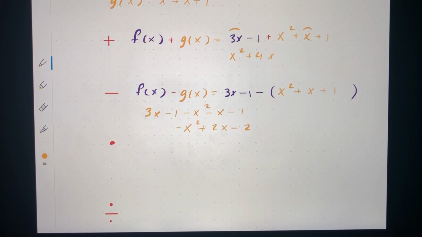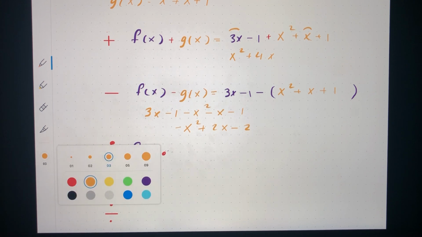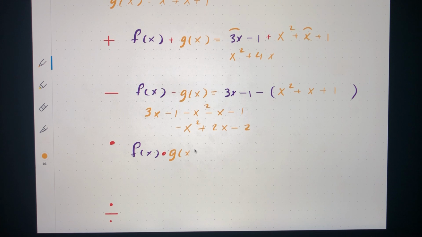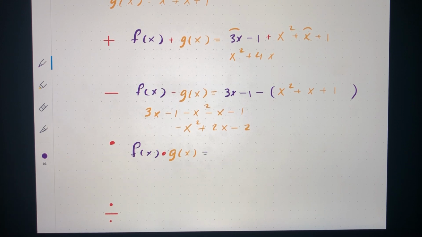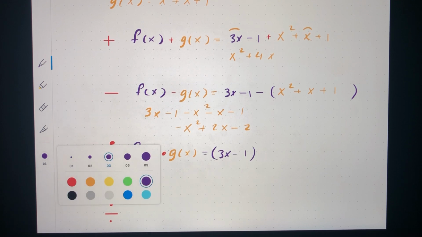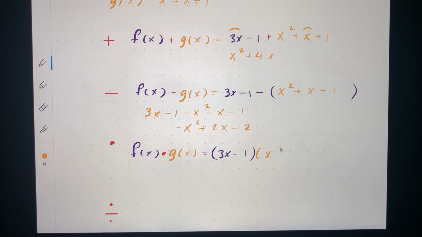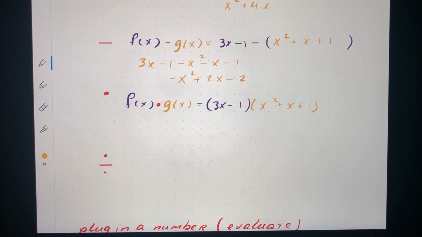The next is multiplication. When we multiply f of x times g of x, we are simply writing them next to each other and multiplying through. So that would look like 3x minus 1 times x squared plus x plus 1, and multiplying through, we can multiply and then simplify.